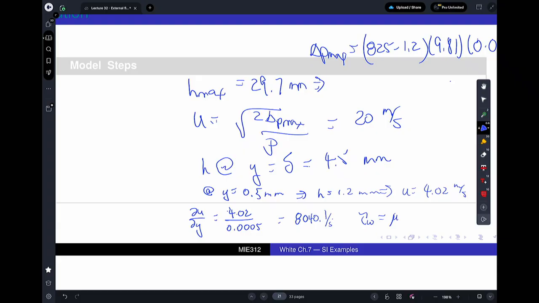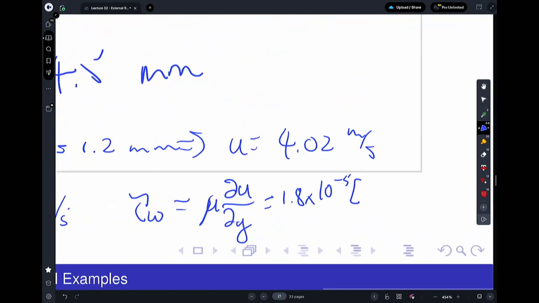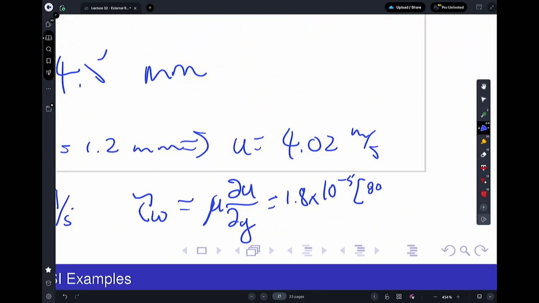And the wall shear stress is going to be mu times that. So if you do that, you get a wall shear stress of 0.14 pascals.